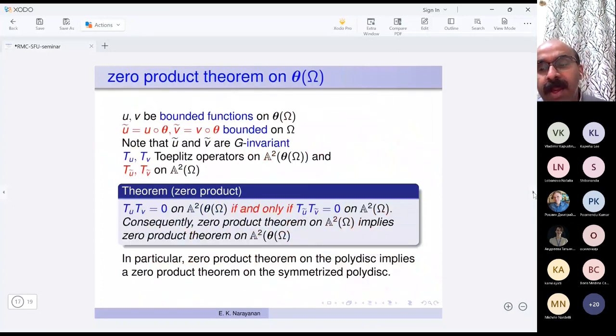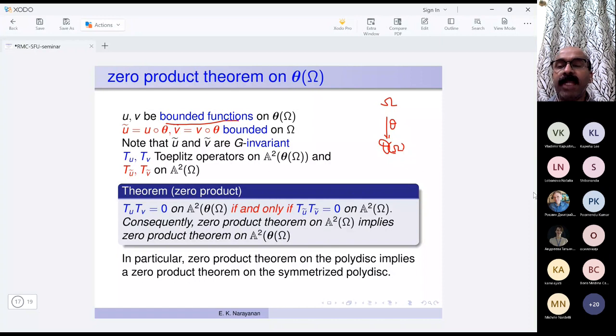Now we are in a position to state the zero product theorem on quotient domains. So we start with a quotient domain theta omega. Let u and v be bounded functions. Remember, I have omega, and I have theta omega downstairs. This is theta. So take any function u from here to, let's say, the complex plane.